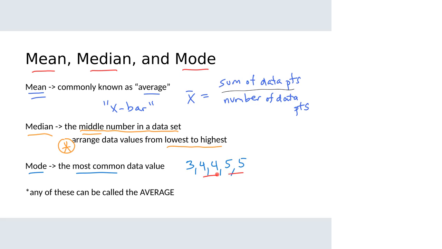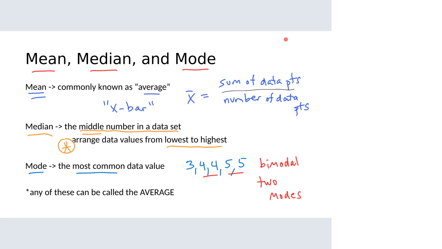Well, 4 and 5, those both occur the most. So which one's the mode? In a case like this, we would call it bimodal, and there would be two modes. The 4 and the 5 would both be modes, and we would say this was bimodal.